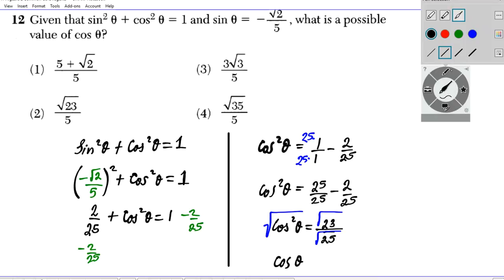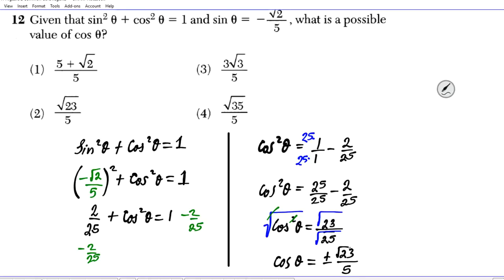The square and the square root are inverses, so they basically cancel each other out. Equals, now whenever you take the square root of a square, you have to insert plus or minus. Root 23 divided by the square root of 25, which is 5. Alright, so two possible values for cosine theta, either plus root 23 over 5 or negative root 23 over 5. We can clearly see that the answer is option number 2.